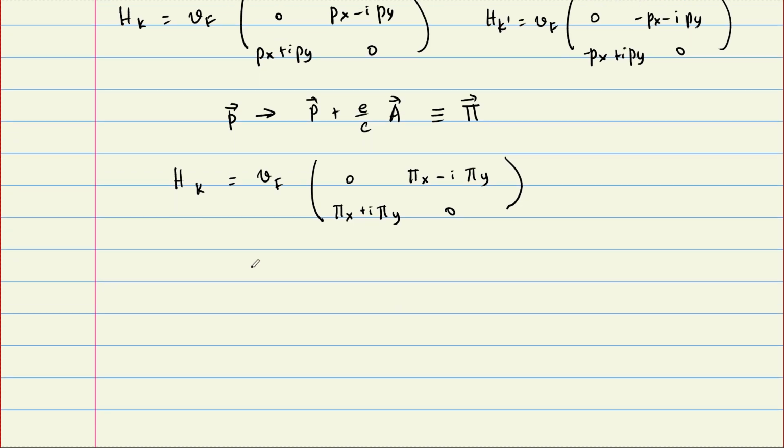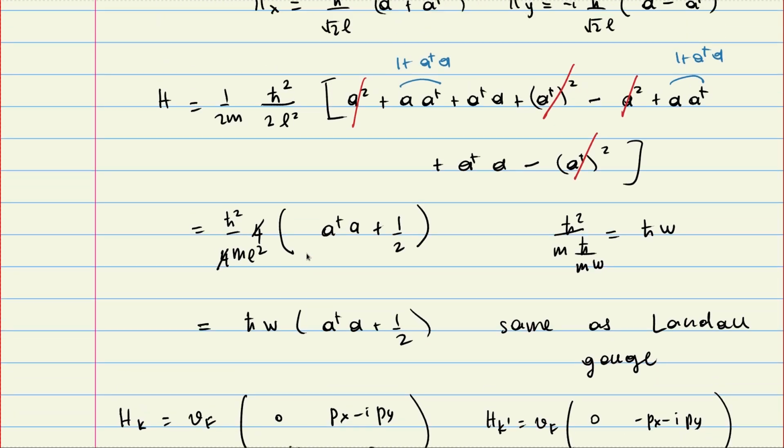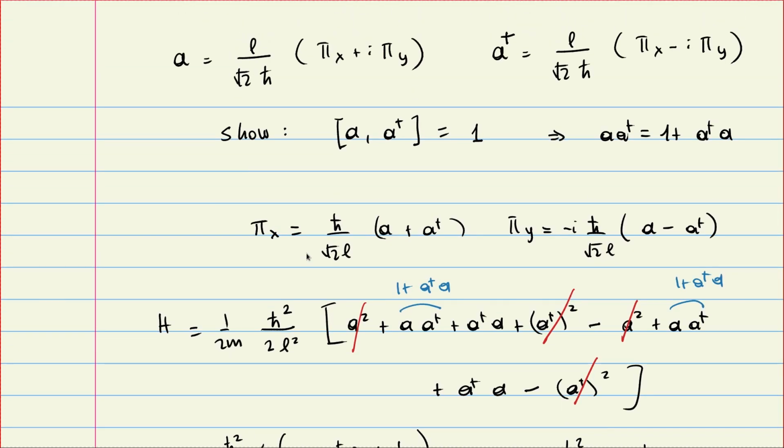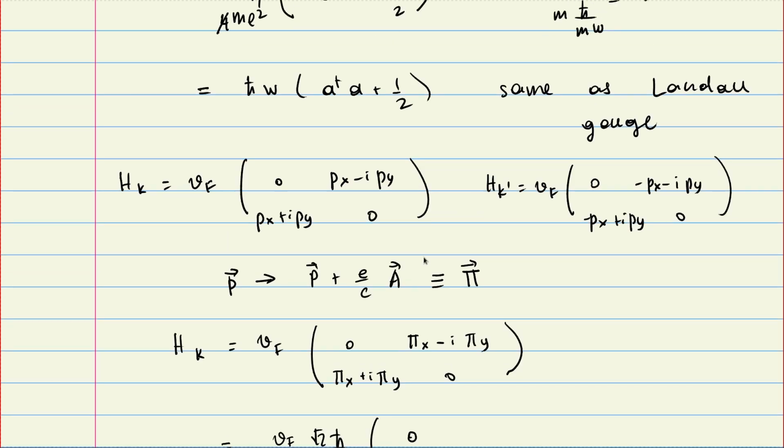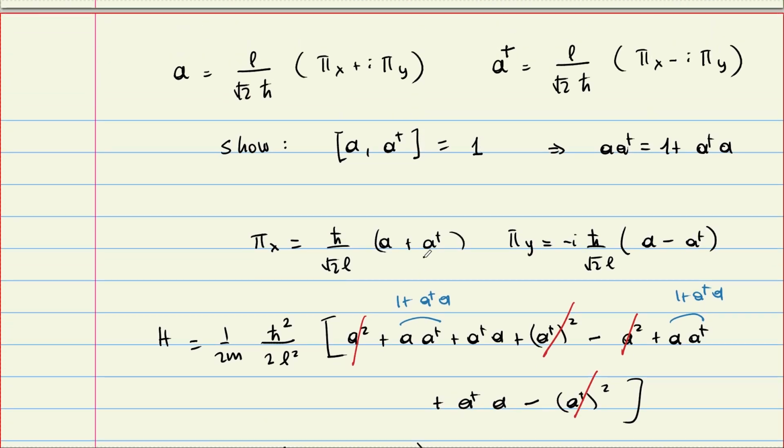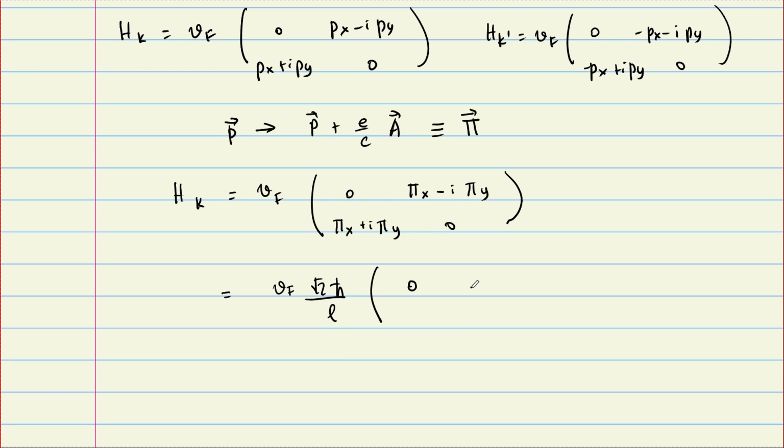So this is V Fermi root 2 h bar over L times, so this is 0. So this first diagonal is a dagger. So this one is a dagger, this one is a, 0. Did I get that right? Yes, this seems to be correct.